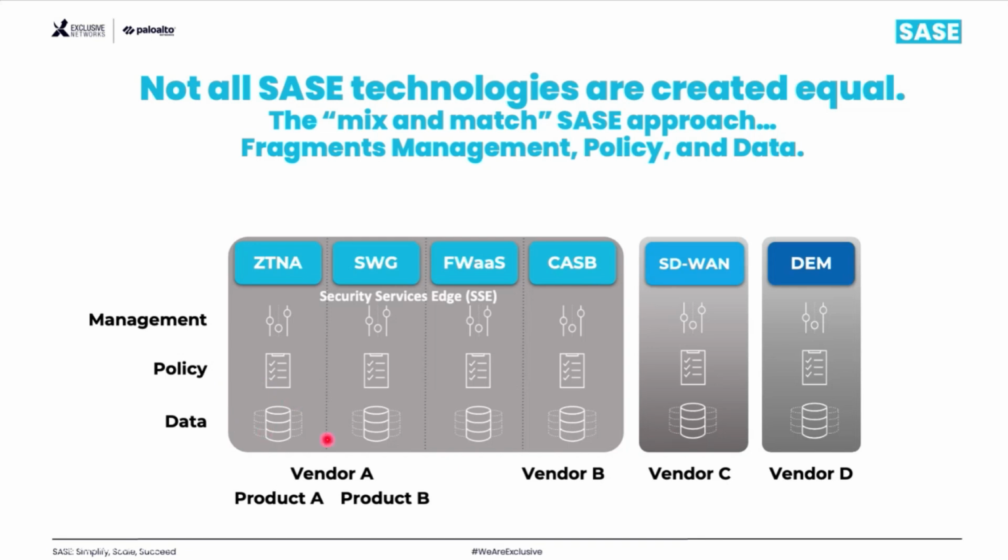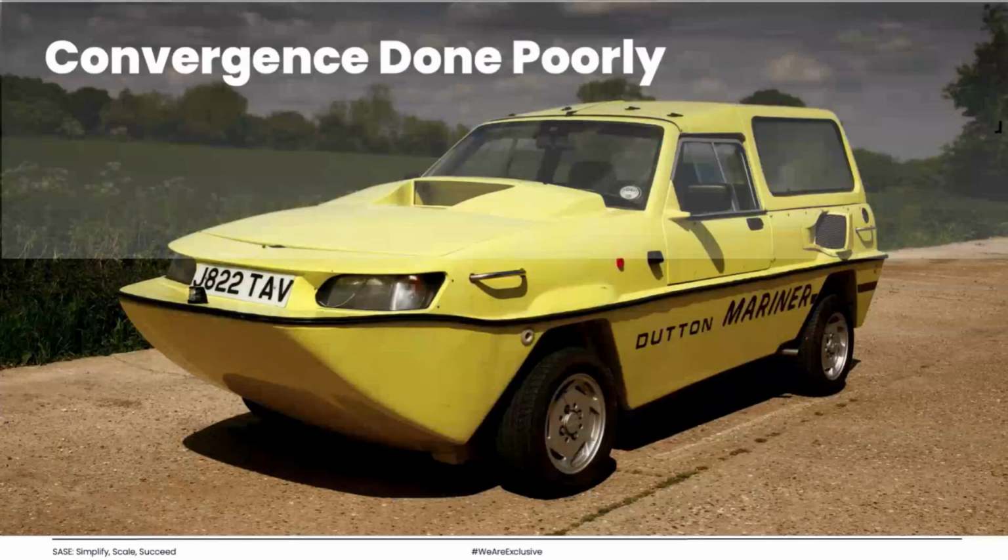So the challenge here is to make sure that you will be able to integrate all of those different technologies with each other. And this will be very complex, especially if you're using multiple vendors. So just to illustrate, yes, it's possible to build your own SASE. However, you might end up with a situation like this, where the expectations are not what you tried to build.